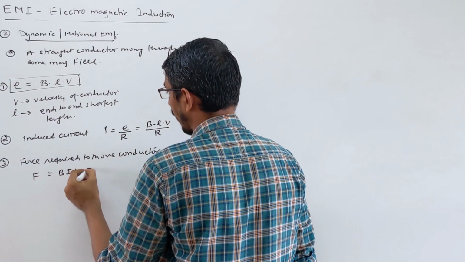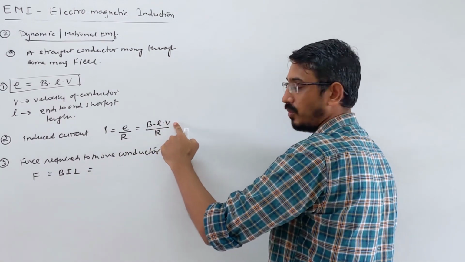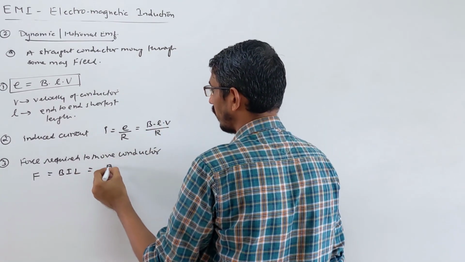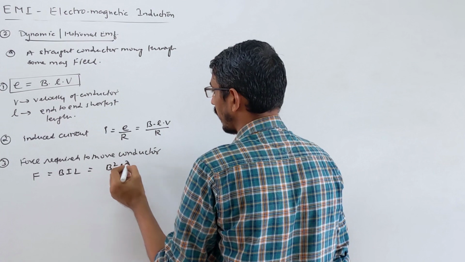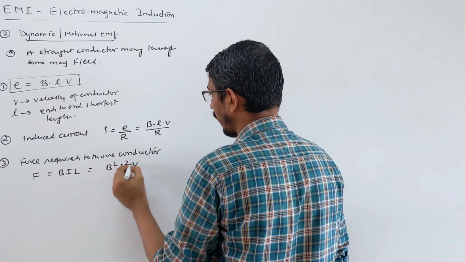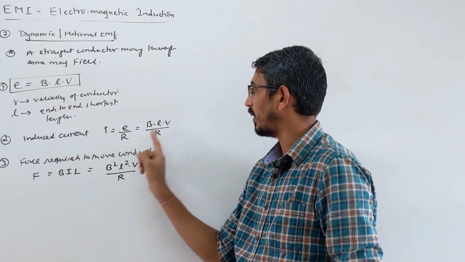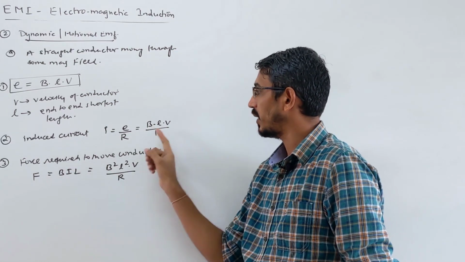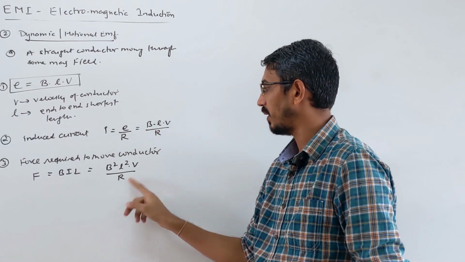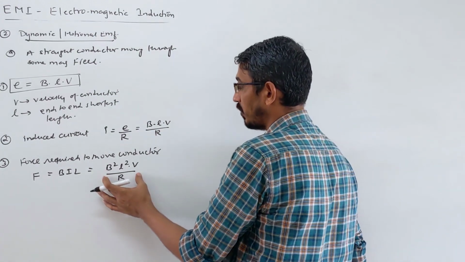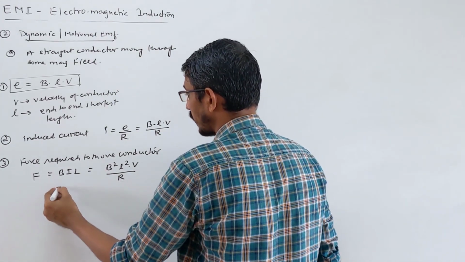Let's replace the value of I from here, so it becomes B square L square into V by R. Let me check it: placing the value of I here, I is BLV by R, and with the other L, we get B square L square V by R.